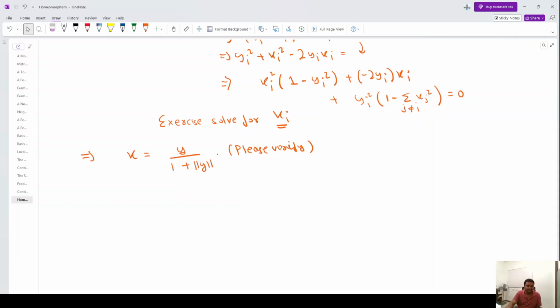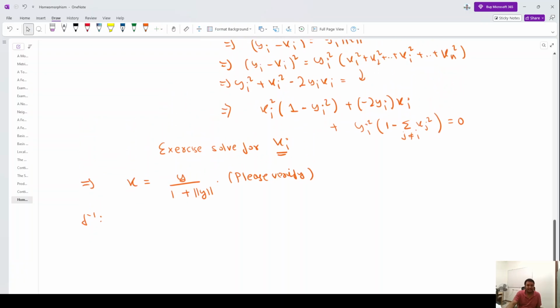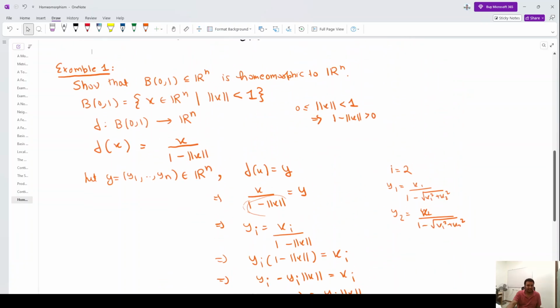So now, what will be your map? So your map, say, F inverse, will be from where to where? By the way, I directly started computing the inverse of it.